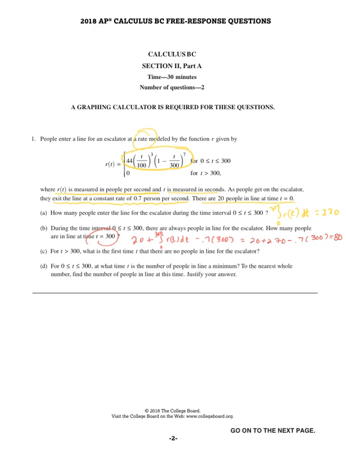Question C. For time greater than 300, what is the first time that there are no people in line? So we need to take the function for the number of people and set it equal to 0. Well, the function for the number of people is 20 plus 270 minus 0.7 times t.